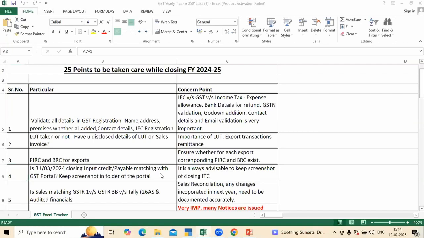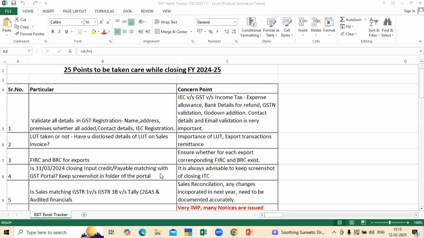Okay, there is one question again from Prakash ji, that is this compulsory to match credit ledger as per books with GST? So yes, Prakash ji, it is very necessary to match it. And in case the figure is not matching, you should have the list of unreconciled transaction. Because see, I have faced more than 50 GST audit and assessments. So whenever there is assessment or audit from department, the first thing they ask is that give me the audit report of last year and give me the ledger of input credit from the portal.